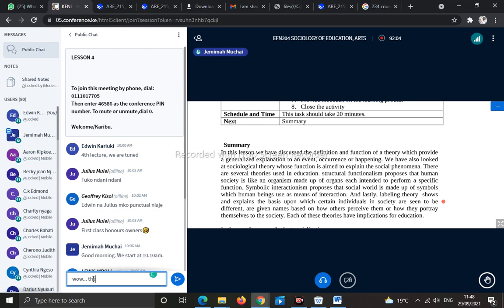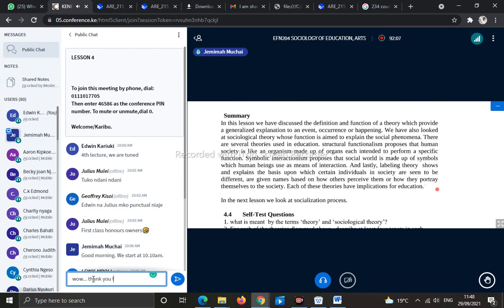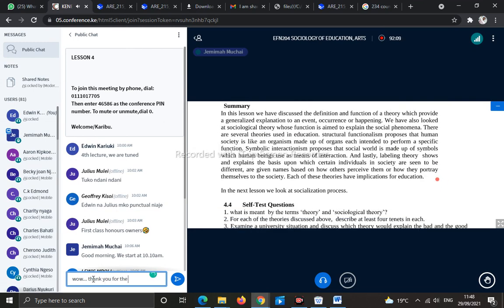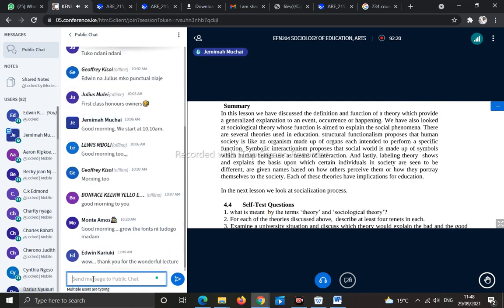Nilikuwa nimeambiwa the font small, ndio naona sahi. I hope Amos, you are able to see. That is the biggest I can make it.